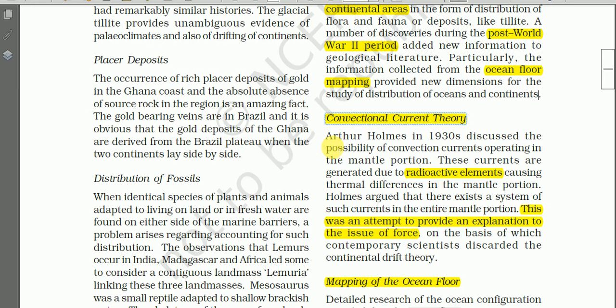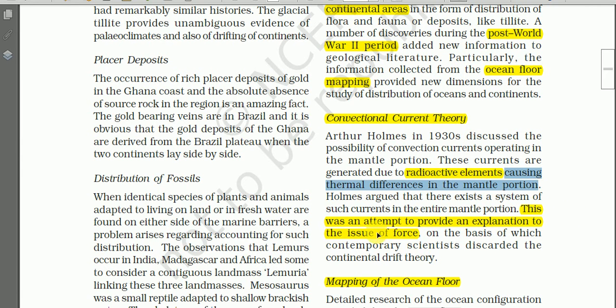So Arthur Holmes in the 1930s discussed the possibility of convection currents operating in the mantle portion, and these currents are generated due to radioactive elements causing thermal differences in the mantle portion.